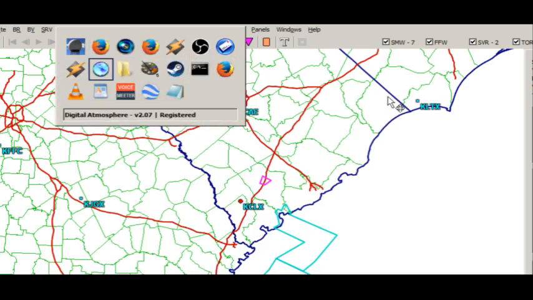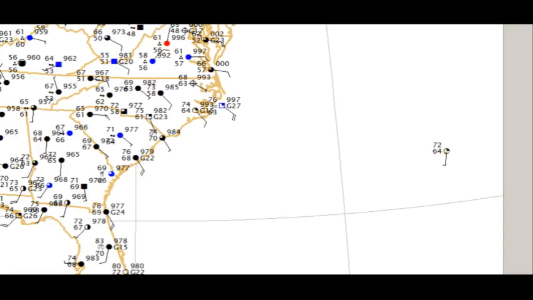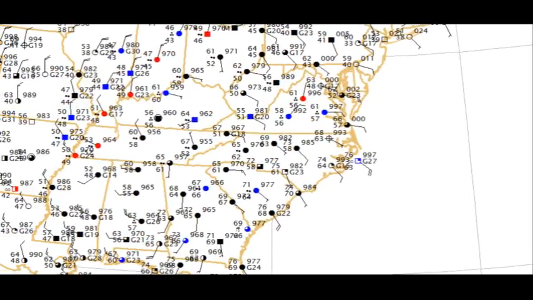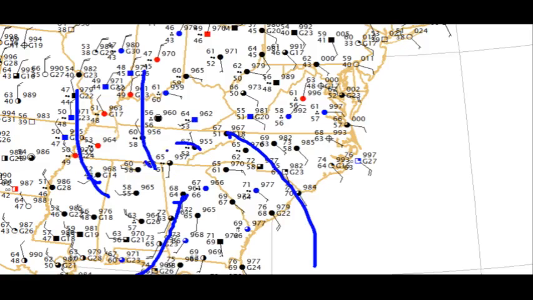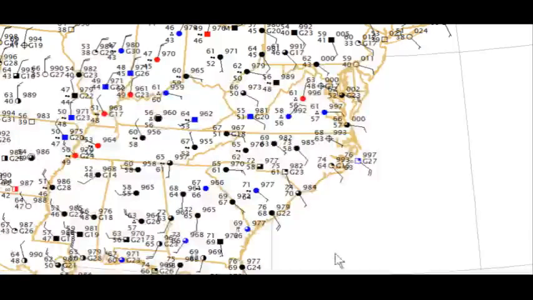And while that's coming in, we'll look at the surface data. So this is the latest surface chart. And this is showing the surface low right around the Chattanooga and Knoxville area. So we've got 68 dew points coming on shore here in South Carolina, 66 at Savannah. So this is helping to prime this area a little bit.